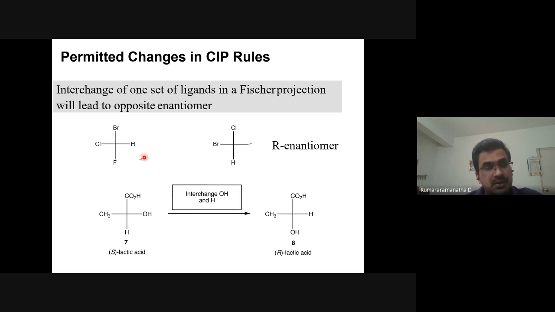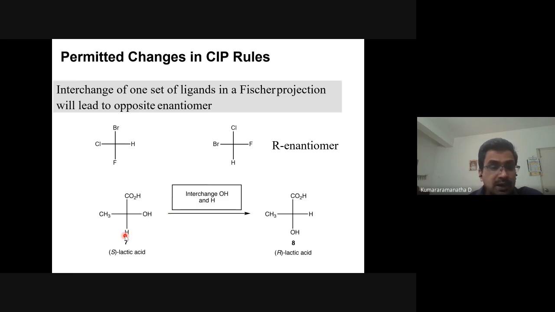If you go more into details, for example, you have lactic acid, which is generally used for curdling of milk and other processes. You can see here carbon attached to OH, COOH, CH3. So these three are the high priority. Assignment obviously 1, 2, 3. So it is S kind of configuration.